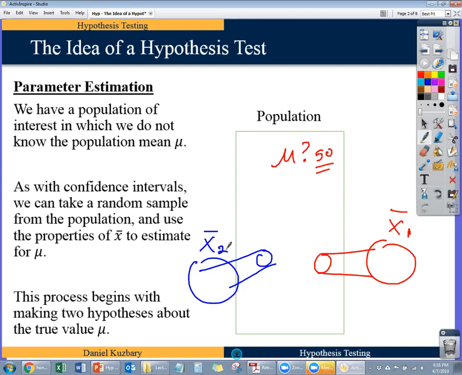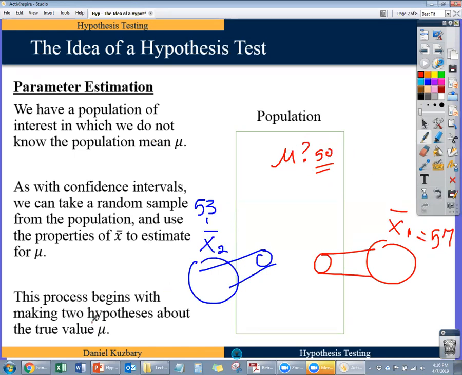So we're going to talk about probability and likelihood: if mu is 50, how likely is it that I get x bar as big as 53 or something like that? If this is true, how likely is it that I get x bar equal to 57? Because if this is unlikely, maybe this isn't true. Maybe my hypothesis is wrong.